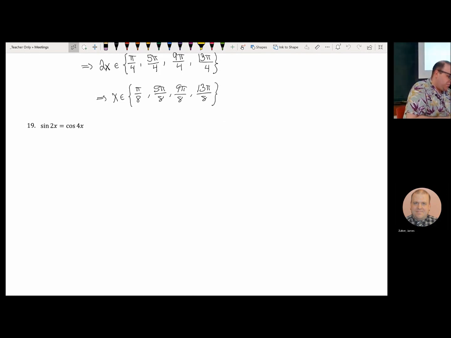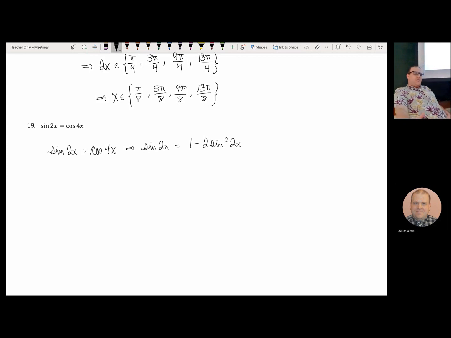Sine 2x equals cosine of 4x. Use the double angle on cosine to write cosine of 4x as 1 minus 2 sine squared of 2x.